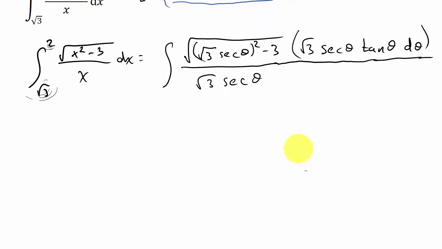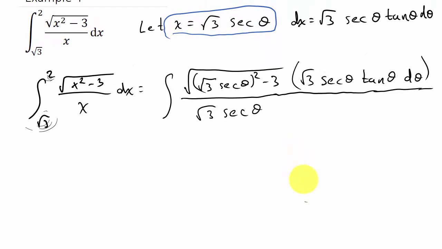So I have square root of 3 equals square root of 3 secant theta, which means that secant theta equals 1, if I divide both sides by square root of 3. Now let's figure out what theta is.